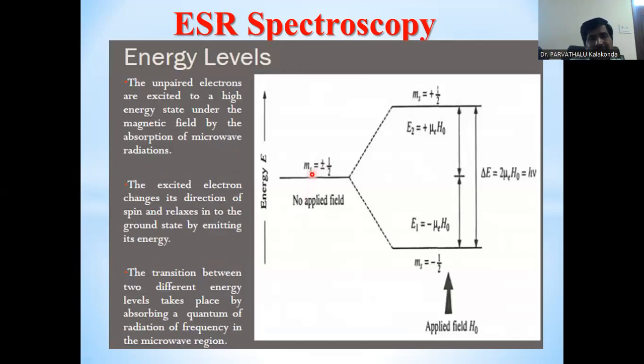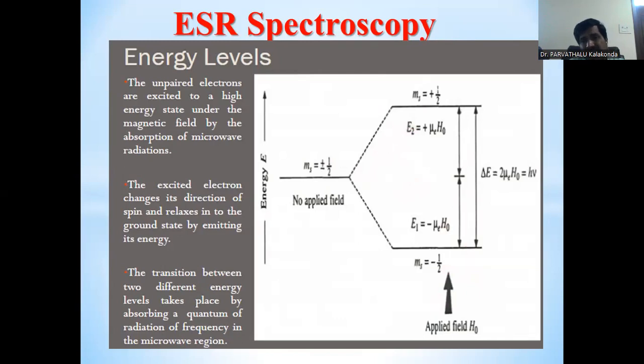You can clearly see here that we don't apply any field, right? So here you have the spin of the electron, plus or minus half, but when you apply the field, there is an energy gap between them, right?